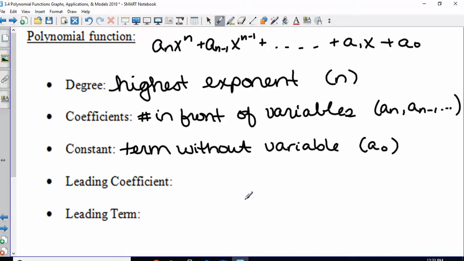What's the leading coefficient? The coefficient of the term with the highest power.